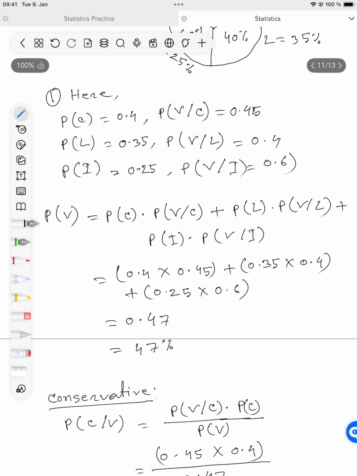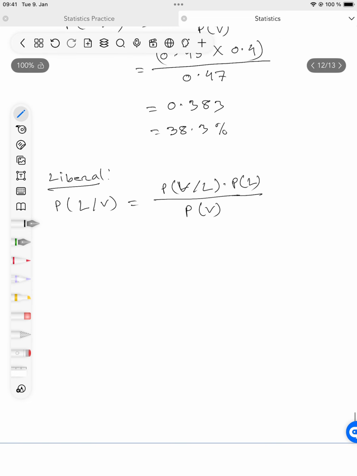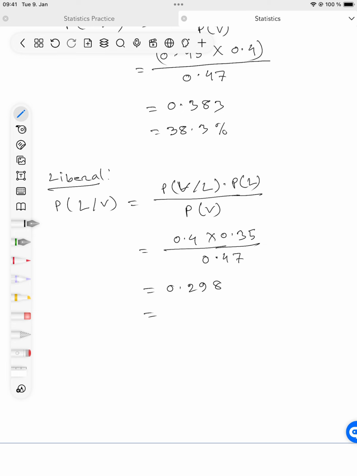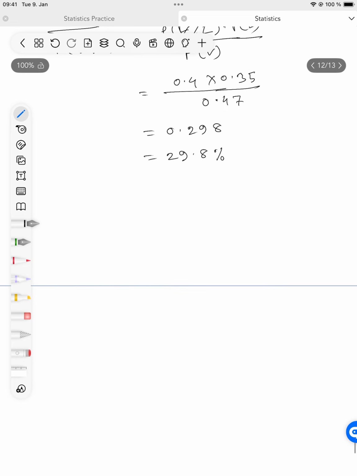Here we can see 0.4 and 0.35. 0.4 times 0.35 divided by 0.47 equals 0.298, or 29.8%.